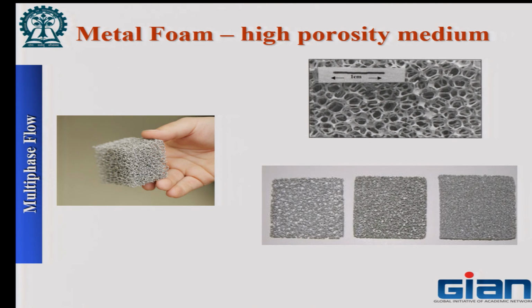So, you understand? So, I am able to have reasonably high permeability, and at the same time increase nucleation sites as I go from lower PPI to higher PPI. Possible? True?